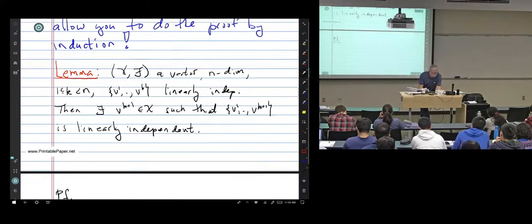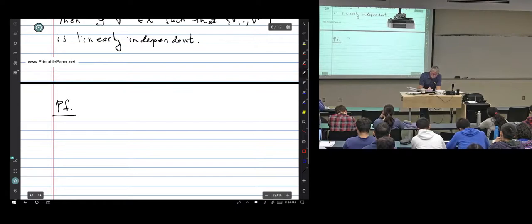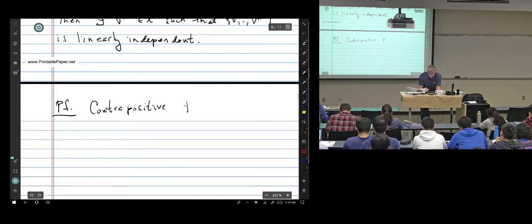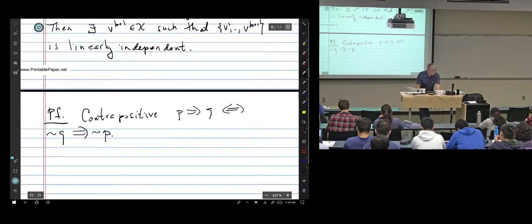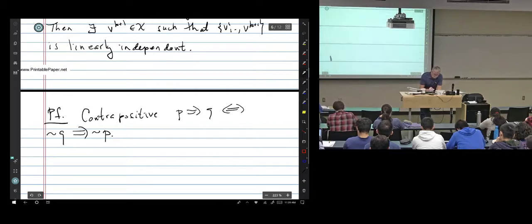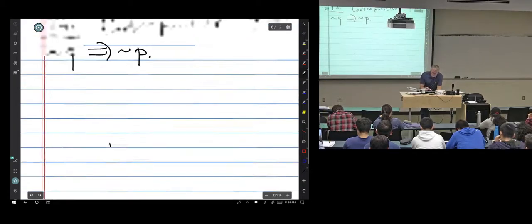Okay, so I'm going to do contrapositive. So P implies Q if and only if not Q implies not P. Okay.